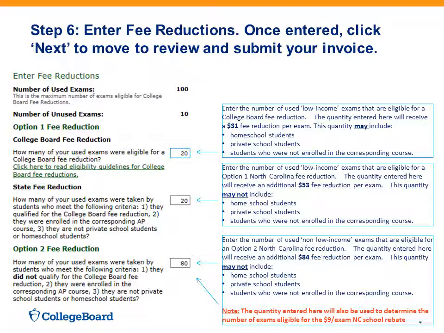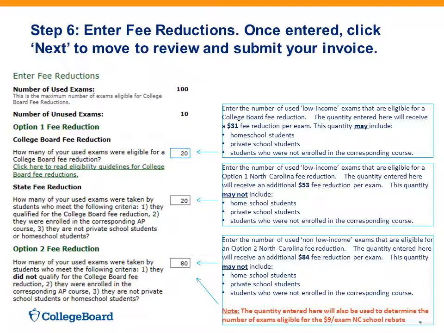But for the state fee reduction, that box needs to only be for the public school students who sat in a corresponding AP exam to the course they were enrolled in, okay? All right, and then the last box on this page is where you will enter the number of used non-low income exams that are eligible for the state to pay.